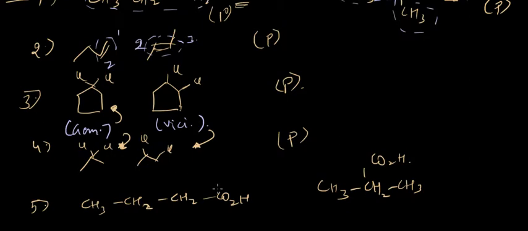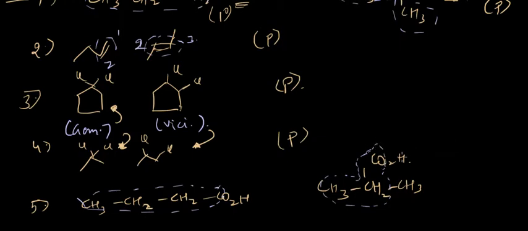The parent carbon chain here is this one, and what is the parent carbon chain here? I hope that you remember that the parent carbon chain starts from the functional group in case of carboxylic acid, aldehyde, ketone, ester, amide, acid halide. So the parent carbon chain starts from the carbon atom of the carboxylic acid group. So this would be the parent carbon chain.